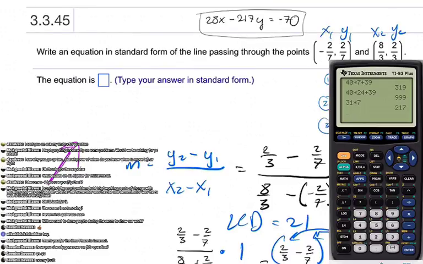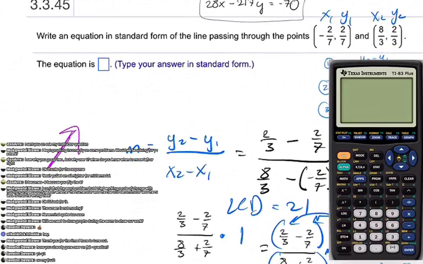Okay, so let's see. So now, if we say 28 times x, which is the negative 2 by 7, minus 217 times a positive 2 by 7, we should get negative 70. Okay, so that one checked out.